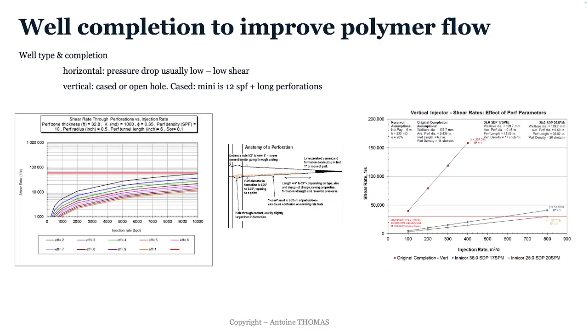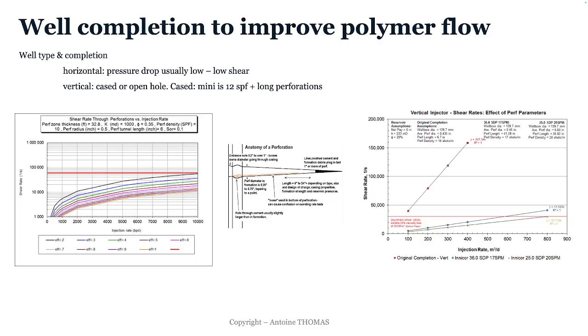All these things are very important to take into account. The best way to avoid studying shear thickening or being worried about anything in that case is to have enough perforations that are big enough, or to have some pre-fracs, control fracs to help maintain the injectivity and minimize polymer mechanical degradation.